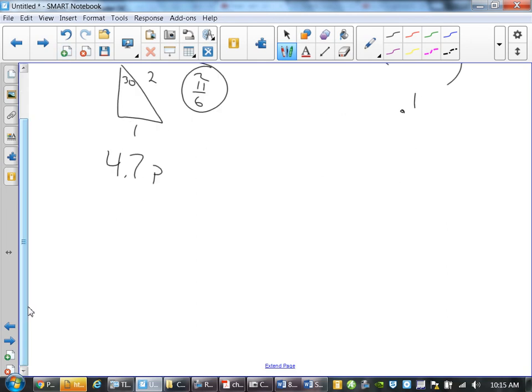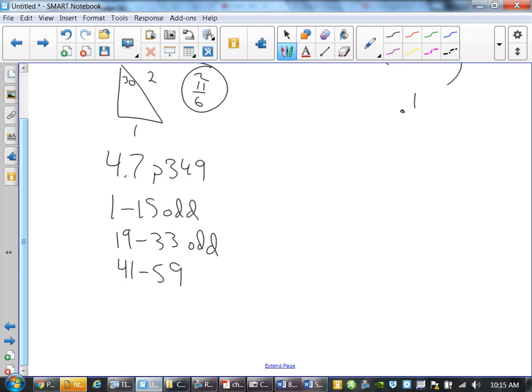I know I'm asking a lot. For example, I want to look at number 49 real fast, just to kind of show you, see if you guys remember how to set this up.